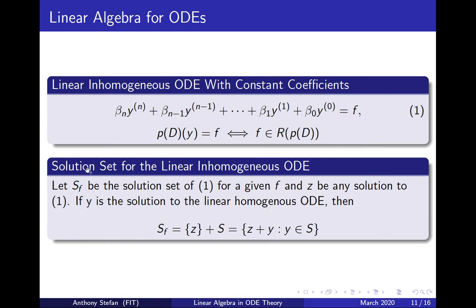And then also, the solution set for the linear inhomogeneous ODE, let's denote that now as S sub F rather than S. So let S sub F be the solution set of 1, this new inhomogeneous ODE, for a given F, and let Z be any solution to 1.